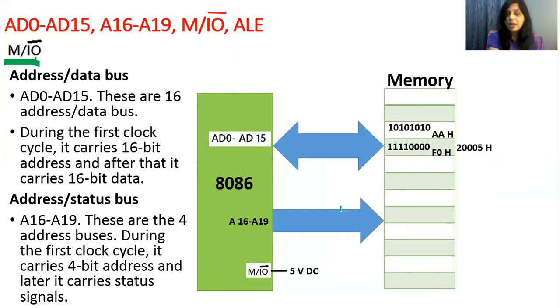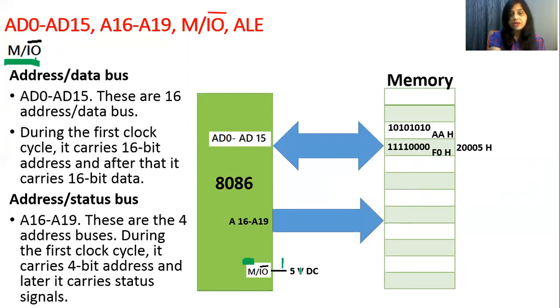If we want to connect memory to 8086, in this pin memory is active high. So whenever 8086 wants to transfer or receive data from the memory, this pin should be at logic 1.